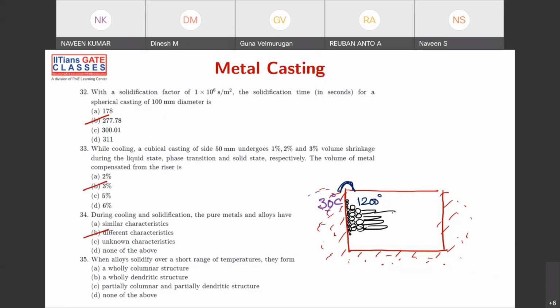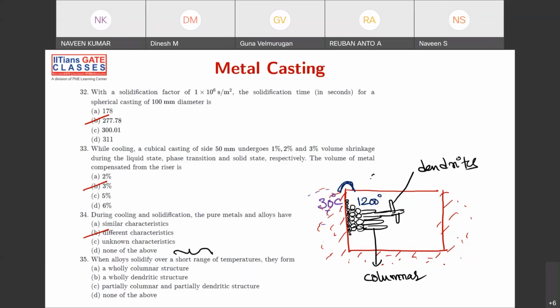And if there is more time, probably some other branches will take form like this. These are called dendrites, and these are called columnar structures.